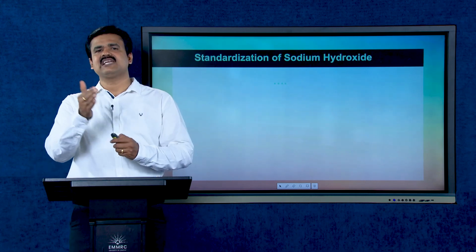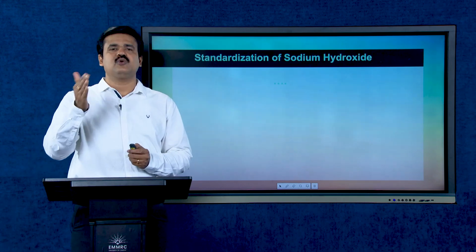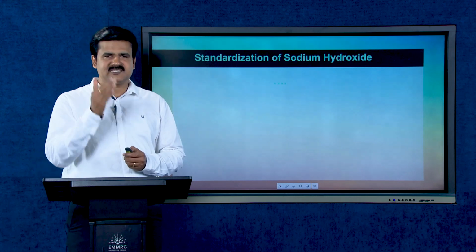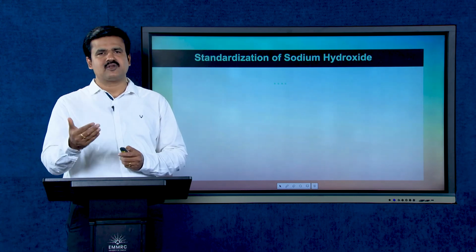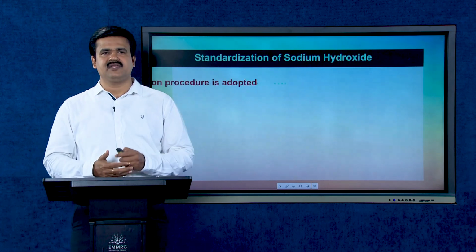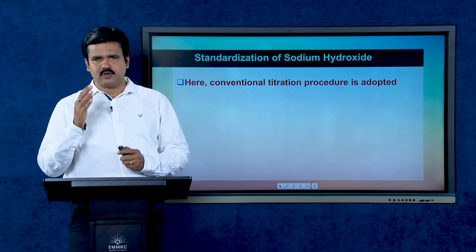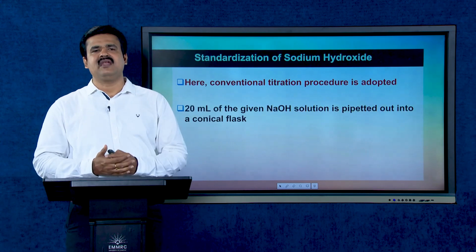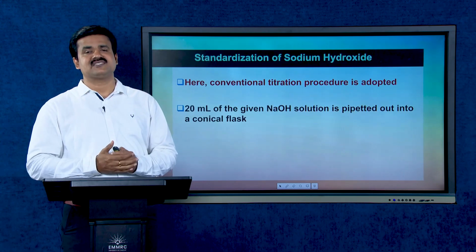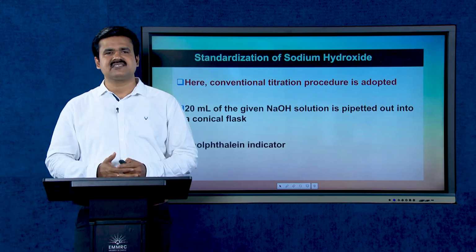Now, the second part of the experiment. This is the standardization of sodium hydroxide. For this purpose, we are using the standard solution of oxalic acid we already prepared. So, a conventional titration procedure is adopted to demonstrate the experiment. 20 ml of the given sodium hydroxide solution is pipetted out into a clean conical flask.